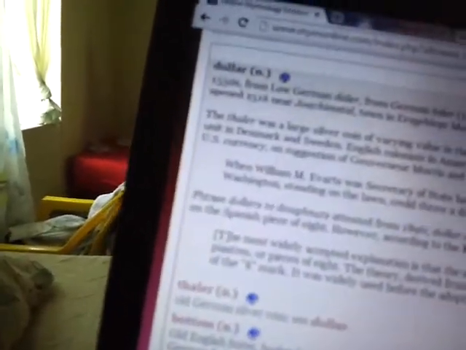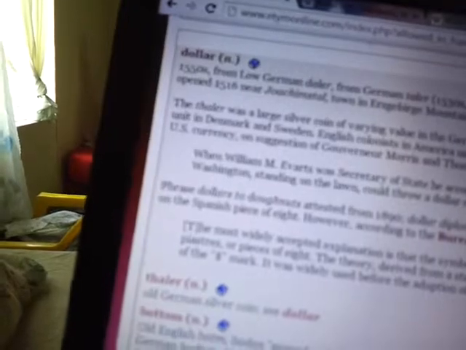Minted 1519 from silver, from a mine opened 1516 near Joachimsthal. So that's basically the place where they get the material to make the coins.